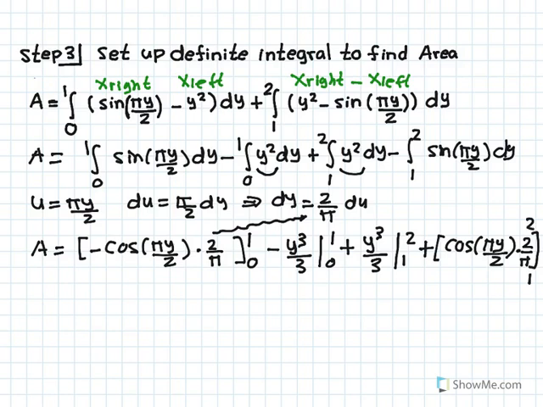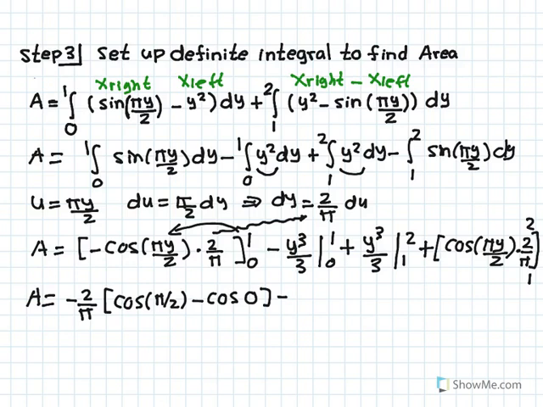Okay, let's apply the fundamental theorem of calculus and solve this. Area is equal to, let's factor out minus 2 over pi, bring that outside the brackets, and we have cosine of pi over 2 because we're plugging in y equals 1 into here. So cos of pi over 2 minus cosine 0, putting the lower limit in, minus, now I'll put 1 in, 1 cubed over 3, that's 1/3.